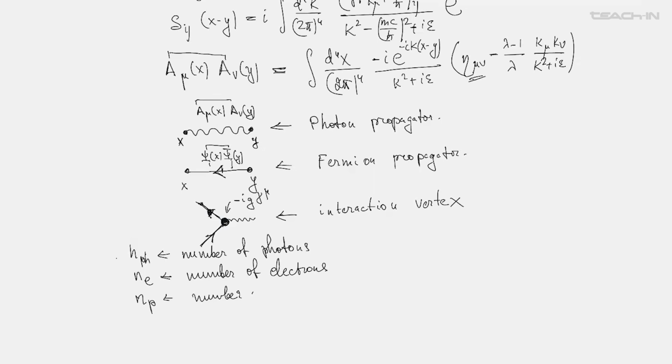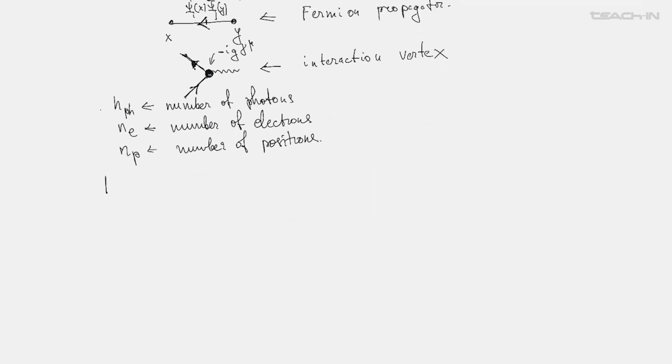And then an external state which contains, say, photons with the momenta k1 and so on, k_nph, then a certain number of electrons with momenta p1 and so on, p_n electrons, and then a certain number of positrons with momenta q1 and so on, q_p positrons.